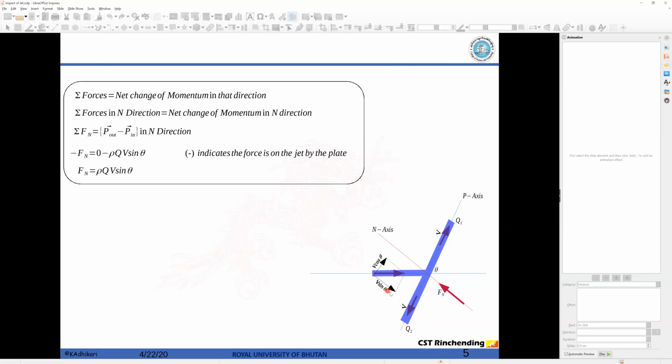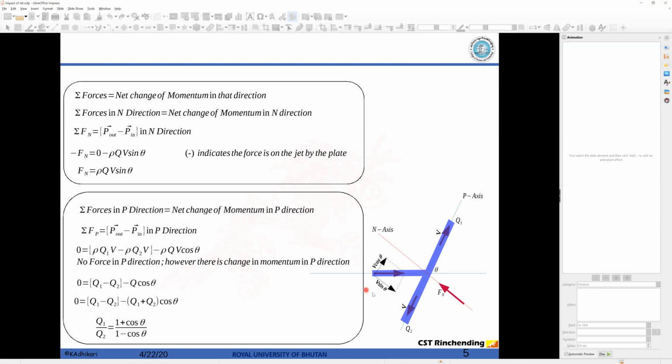This is the component of velocity that is coming in, times mass, which is rho Q. The negative here indicates that this force is in fact exerted by the plate on the jet, and we are interested in finding the force exerted by the jet on the plate. So these two forces will be equal in magnitude but opposite in direction.